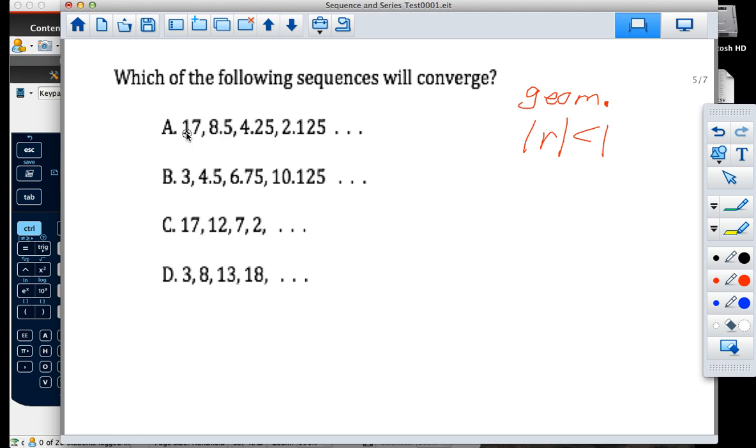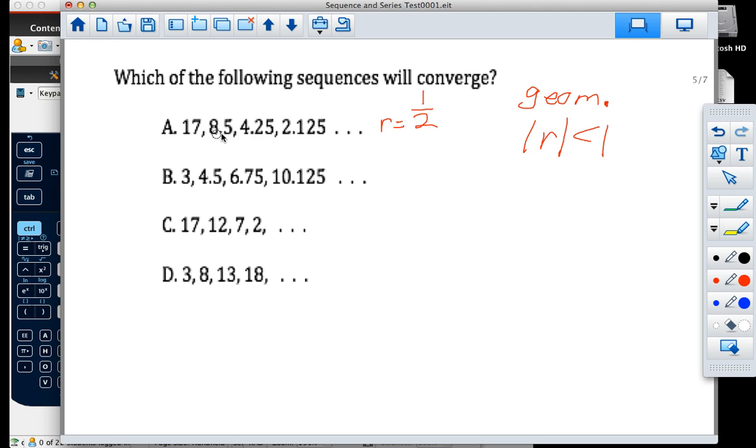All right, so I'm looking at this, and I'm seeing that it is geometric because I'm dividing each term by 2, but I have a lot of people say that since I divide by 2 that the R value is 2. It's not 2. Remember, with geometric sequences, you're always multiplying. So if you're dividing by some number, then what you're doing is you're multiplying by 1 divided by whatever that number is.